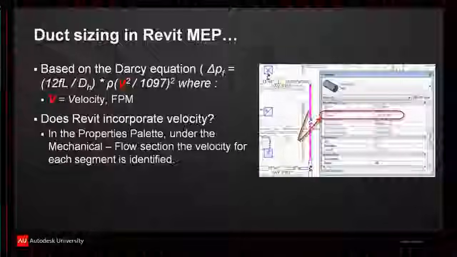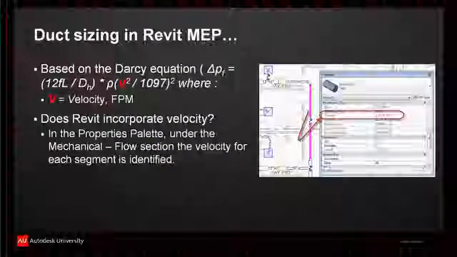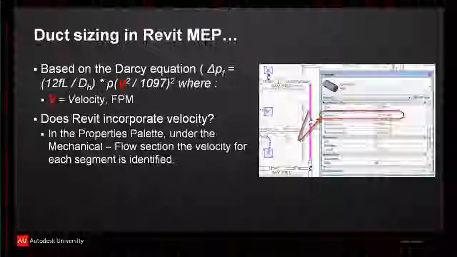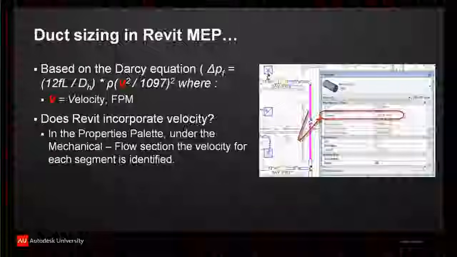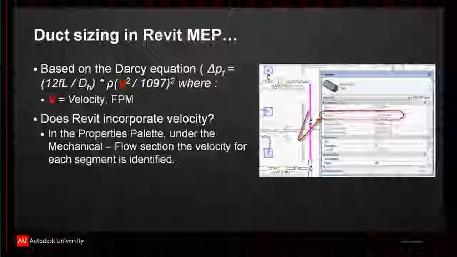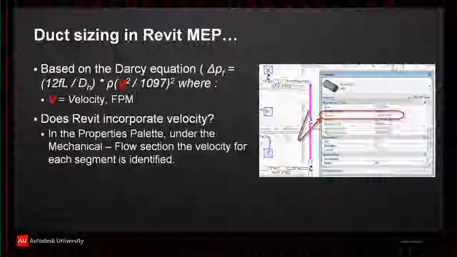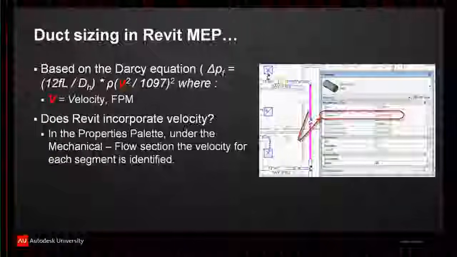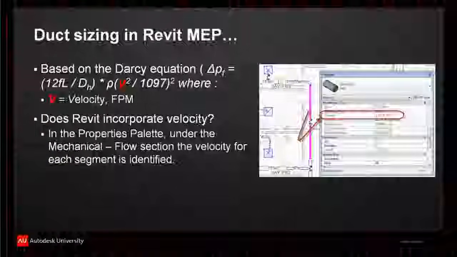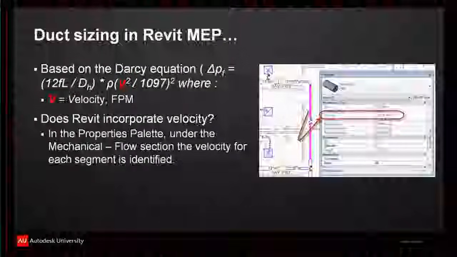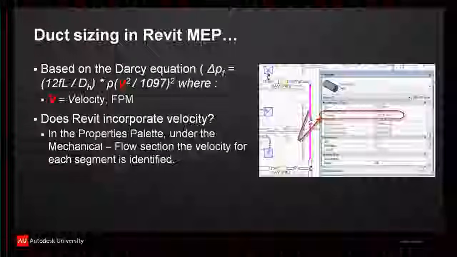All right, so velocity. Does Revit MEP incorporate velocity? Yes. If and only if you have assigned a flow and connected your duct and pipe correctly. Okay, that's the key component. If you don't connect things correctly, you're not going to be able to take advantage of these. As a matter of fact, if you don't connect things correctly inside of Revit MEP, you are causing more harm to your model. We'll talk about warnings later.